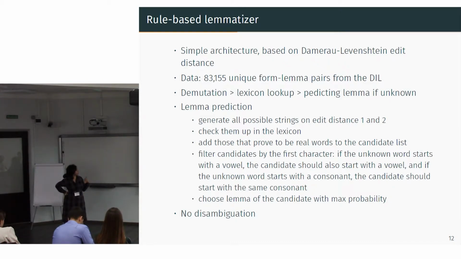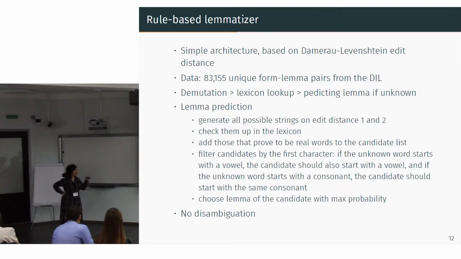If it is not, we try to predict the lemma for this word using a very simple modification of the Damerau-Levenshtein edit distance, which is: look at all the forms on edit distance 1 and 2, check them in the lexicon, and those that prove to be real words go to the candidate list.